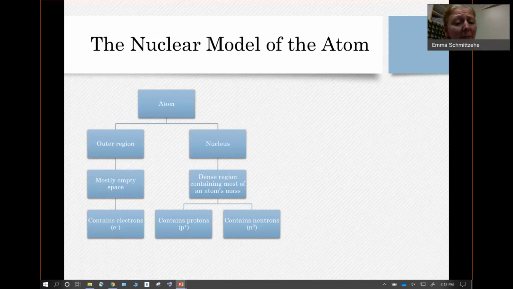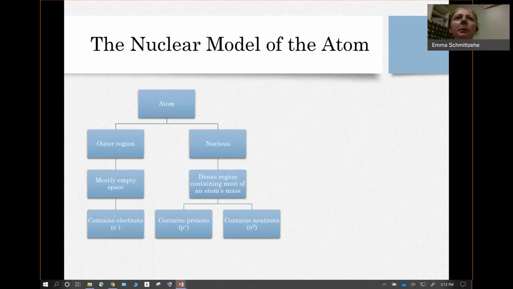Specifically, the subatomic particles we're talking about are electrons, which are in that outer region. The electrons are on the outside, and they're spaced out. There's a lot of empty space, and then electrons distributed in that space.